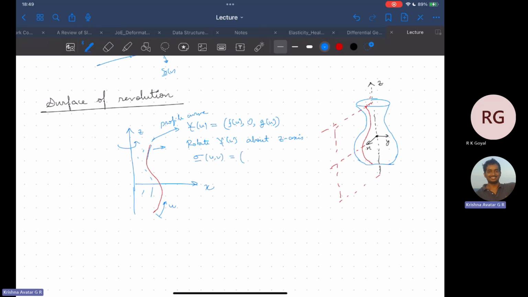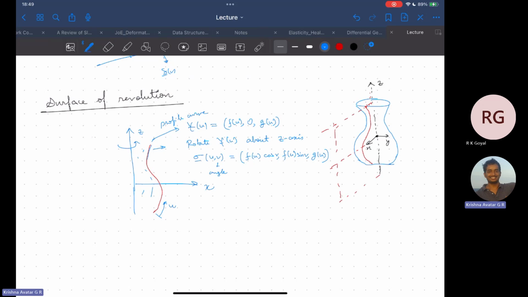This is equal to f of u, and then it will have traversed some angle. So this v is the angle, right? f of u cosine v, f of u sine v, comma, g of u.